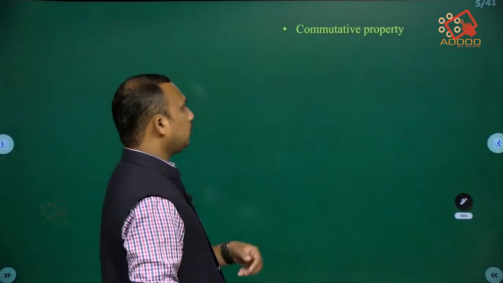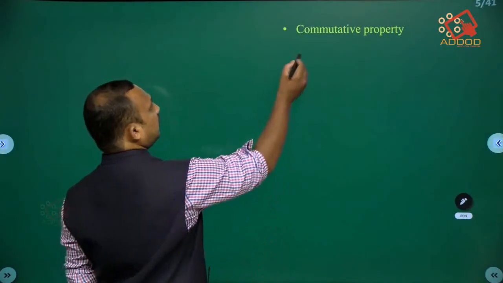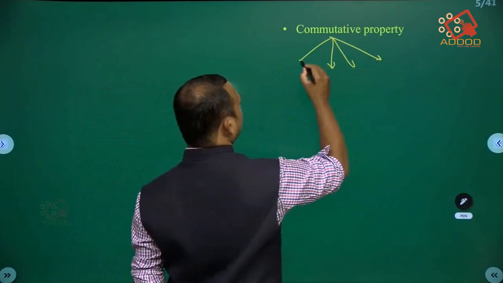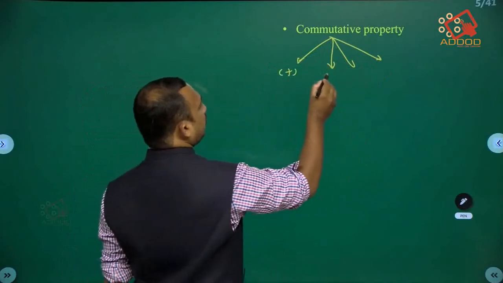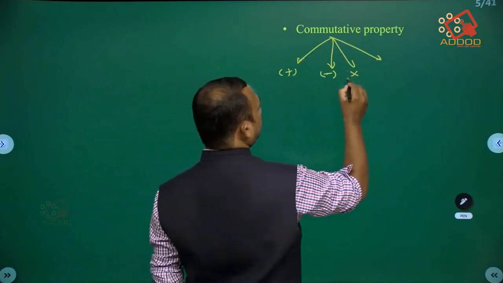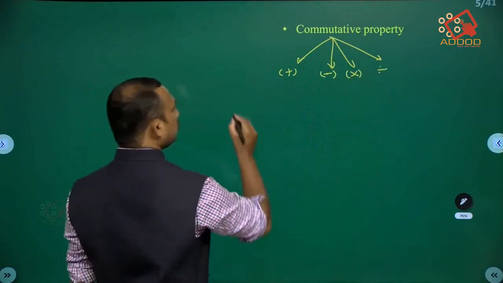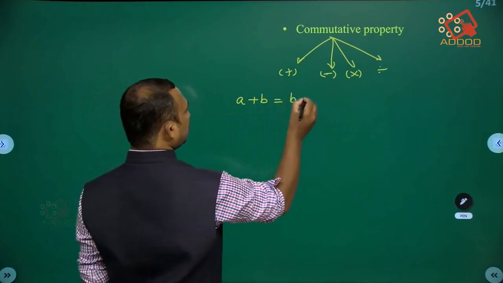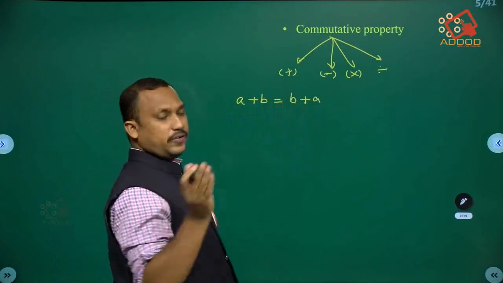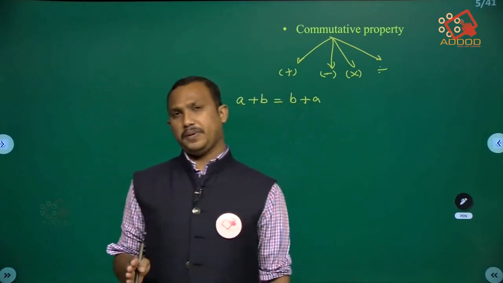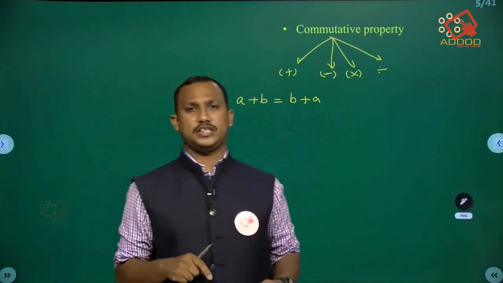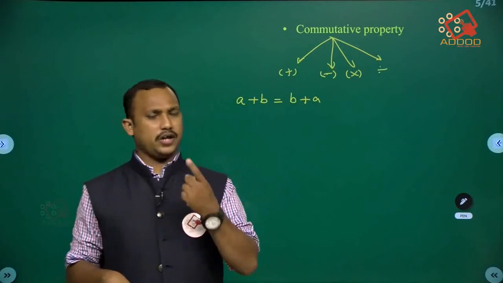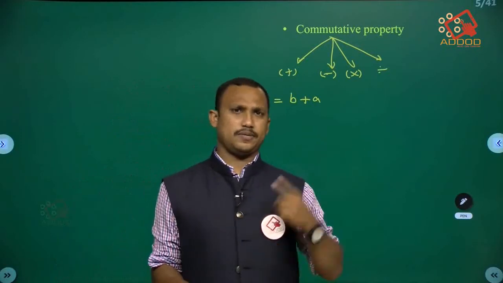Next, commutative property. Here also you should take the 4 fundamental operations: plus, minus, multiplication and division. Okay, so the standard form is a plus b equal to b plus a. It means I'm not changing the values, I'm keeping the values the same, but the position is changing. The value you take as first on the left side becomes the second value on the right side.